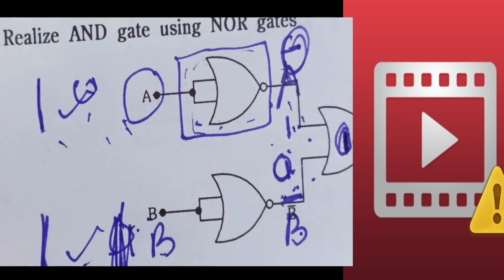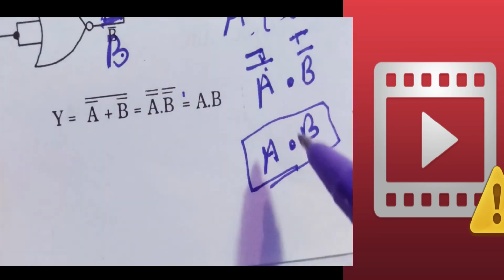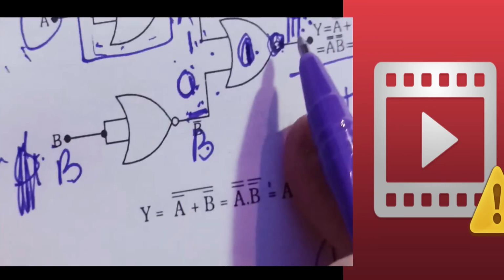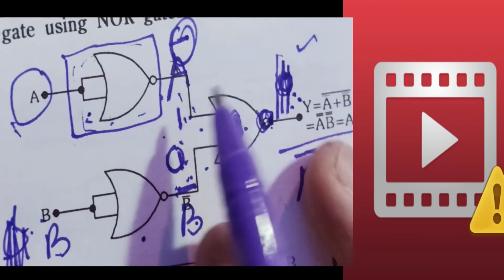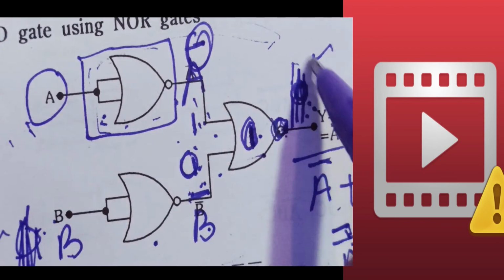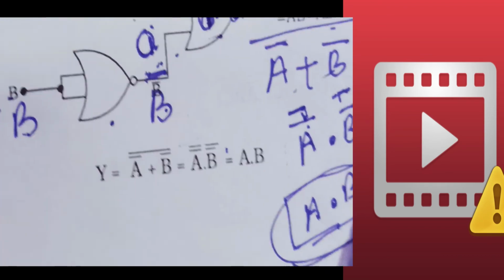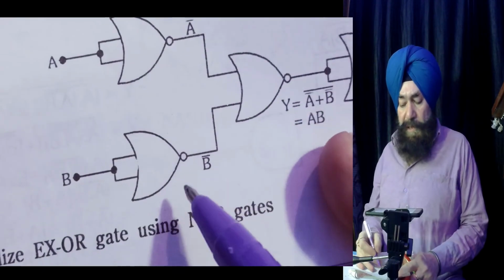So 1, 1 is 1. That's the AND gate logic. It means you are using the 1st NOR gate, 2nd NOR gate, 3rd NOR gate, and you are getting the logic of an AND gate. So this is the last circuit.